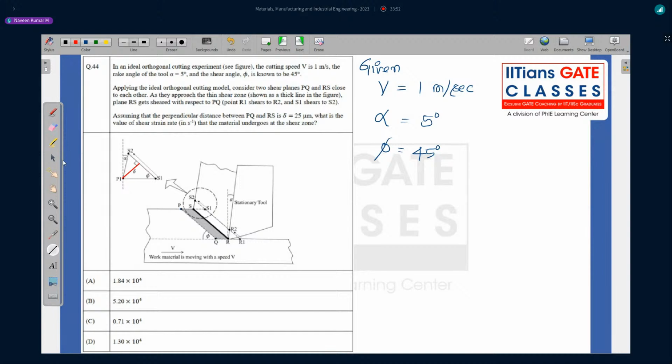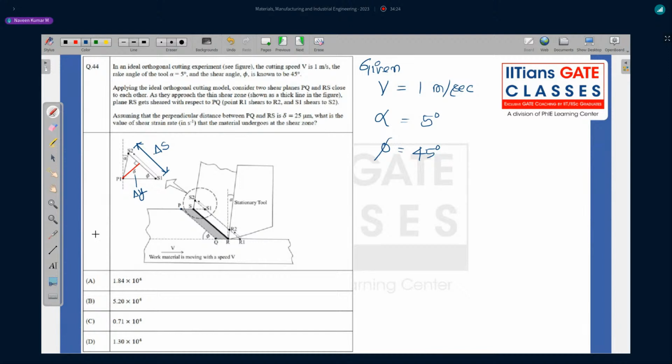If you remember in our class, this is the shear that has occurred, and we denoted that as delta S. And whatever delta they have written, we denoted by delta Y, the perpendicular distance.